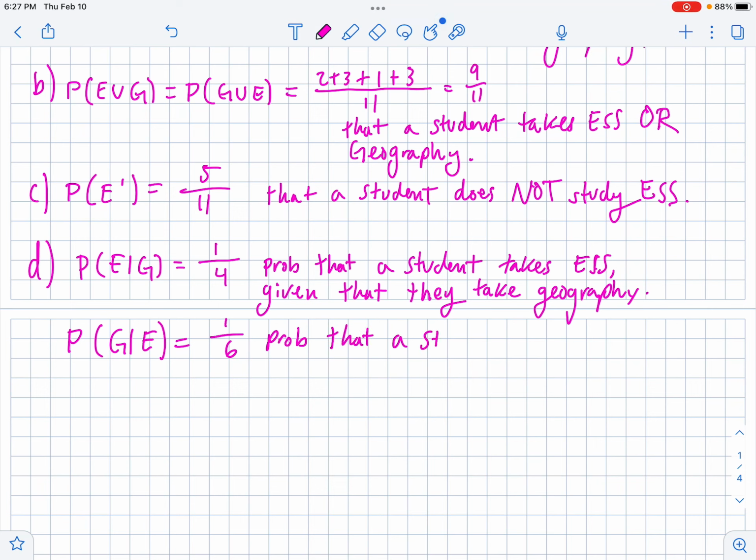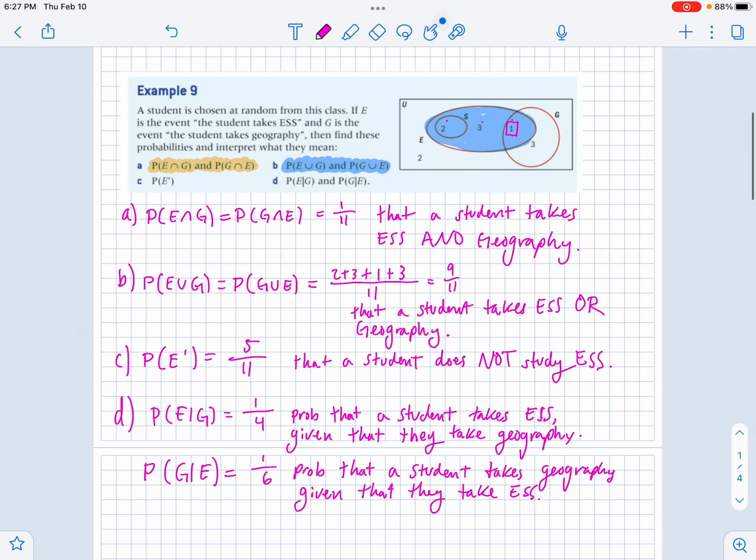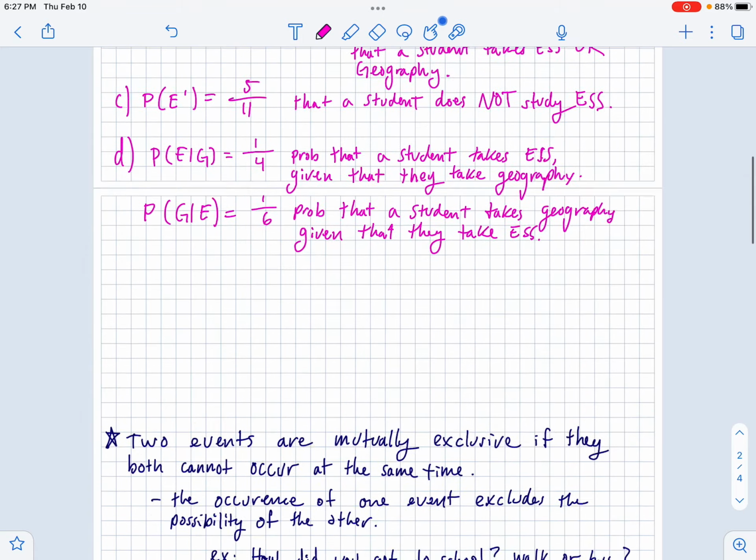Here's what it means. So that's the probability that a student takes geography given that they already take ESS. All right, there's that problem.